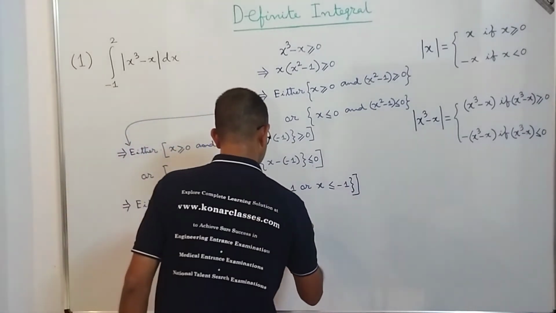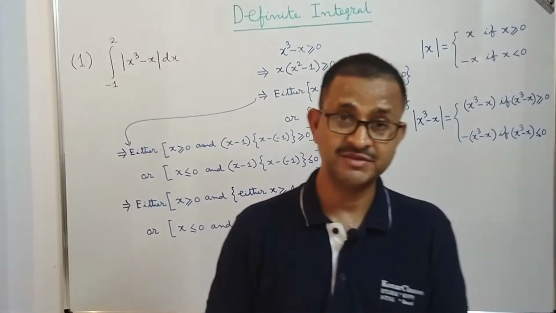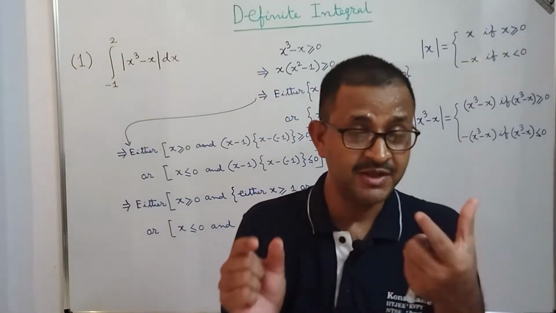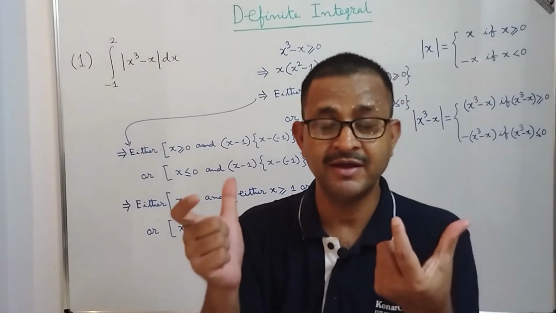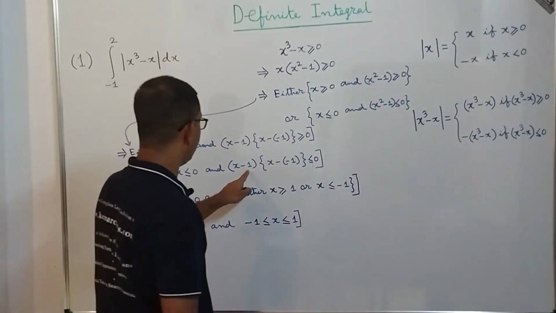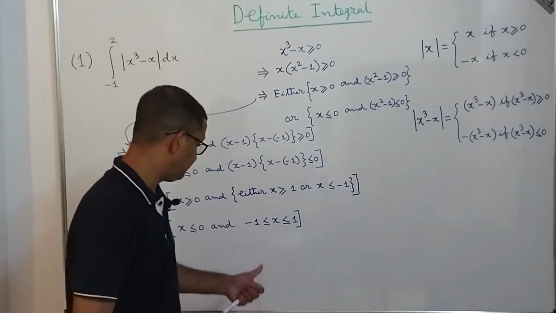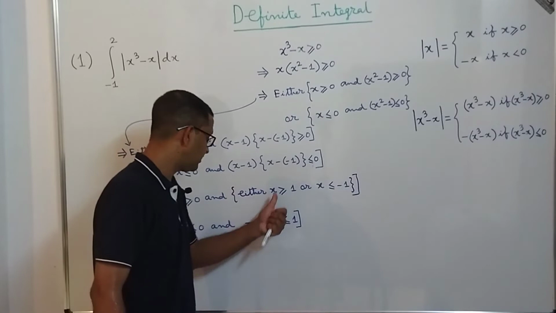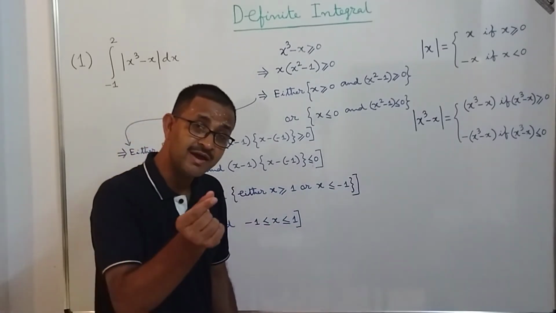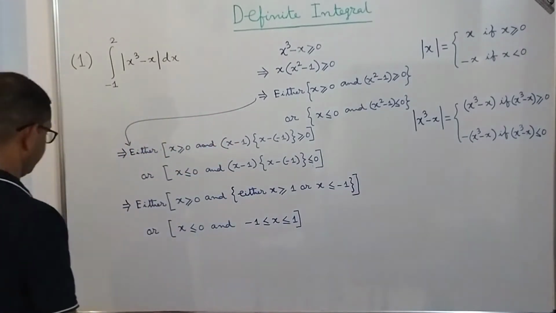If you recall, (x minus alpha)(x minus beta) less than or equal to 0 means x is between the minimum and the maximum of alpha and beta. Here alpha and beta are 1 and minus 1 respectively. The minimum of 1 and minus 1 is minus 1, so minus 1 less than or equal to x less than or equal to the maximum, that is 1.